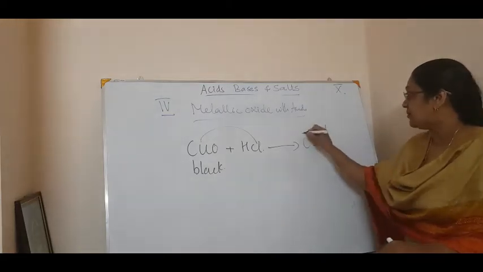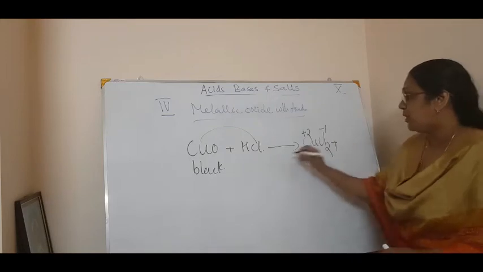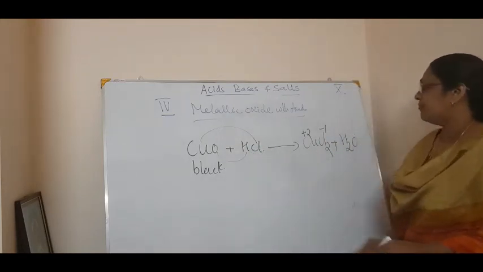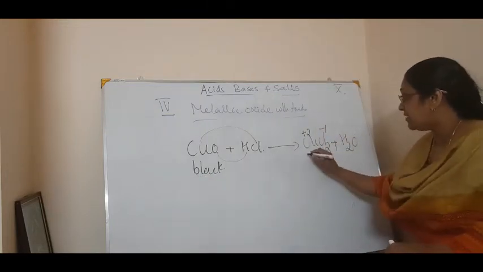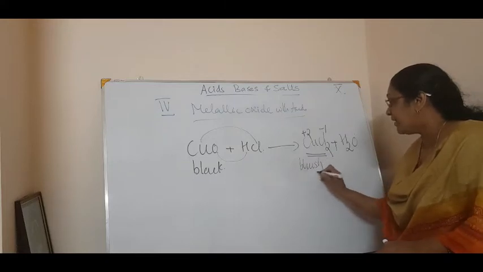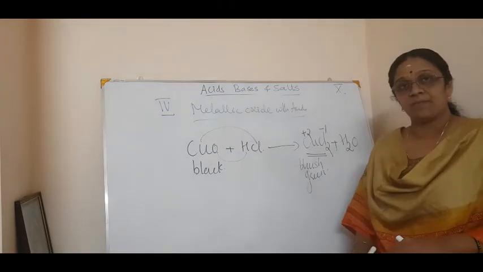Valency is 2: minus 1 plus 2, minus 2 plus 2, 0. Plus water. The observation is that it forms a bluish green color.